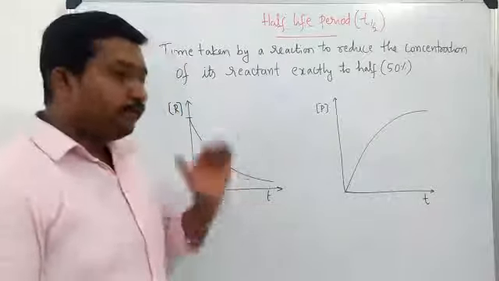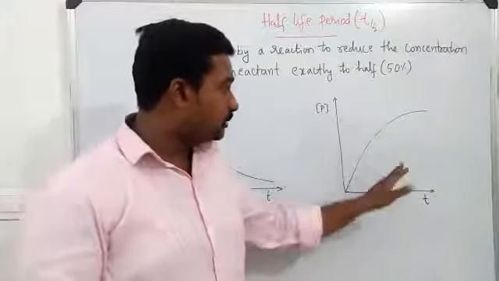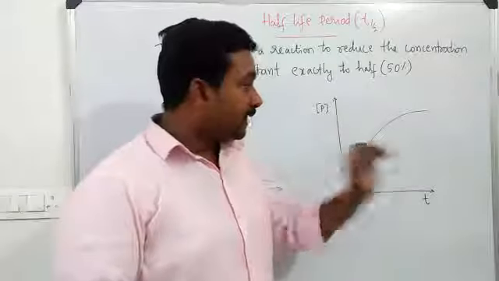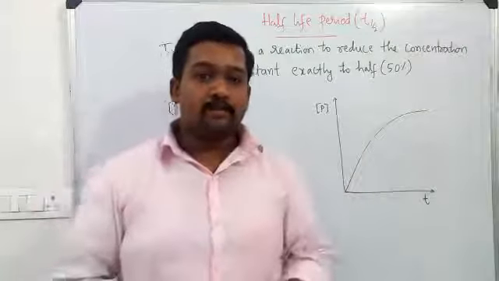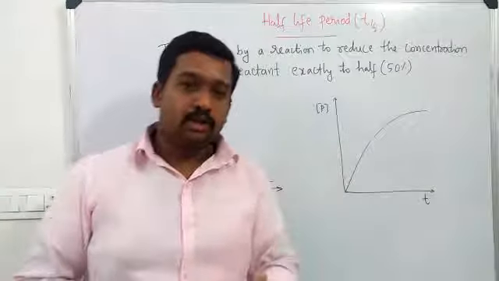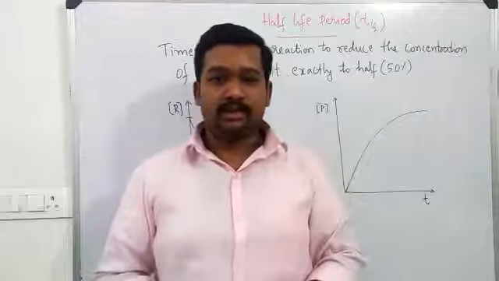So it is difficult to find out, and even if you consider product, the same problem arises. It becomes almost like a saturated line, and that means you cannot identify where the reaction is going to end. So to find out 100% completion of a reaction will be highly difficult.